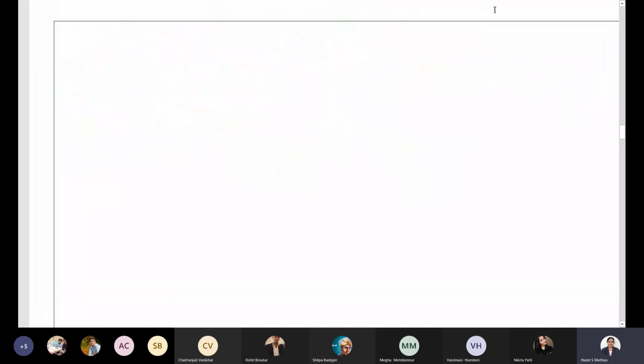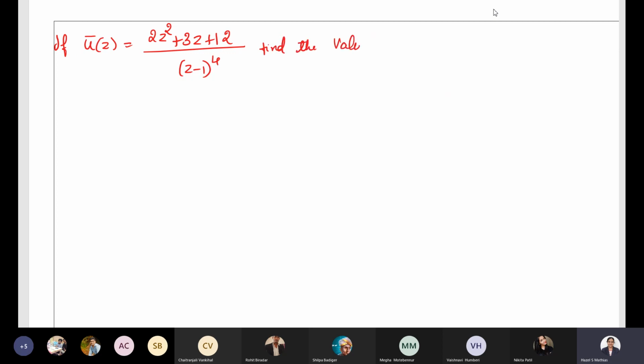U bar of Z is given: U bar of Z is equal to (2Z square plus 3Z plus 12) divided by (Z minus 1) power 4. We need to find the values of U0, U1, U2, U3.